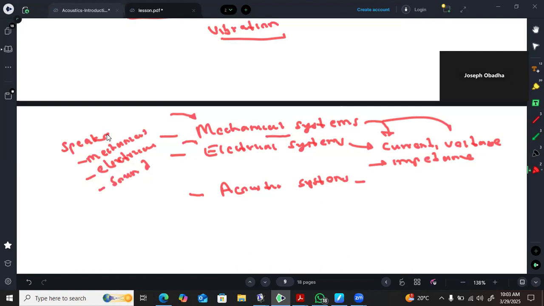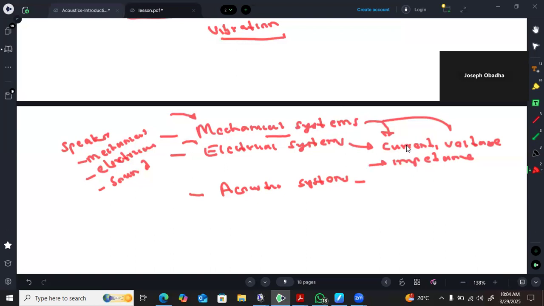Then after that, we'll identify the variables that are of significance in the mechanical systems, compare them to the electrical systems, and then we'll do the same for the acoustic systems, so that we get to know exactly how the acoustic system relates to the electrical system in terms of analogies, like current.